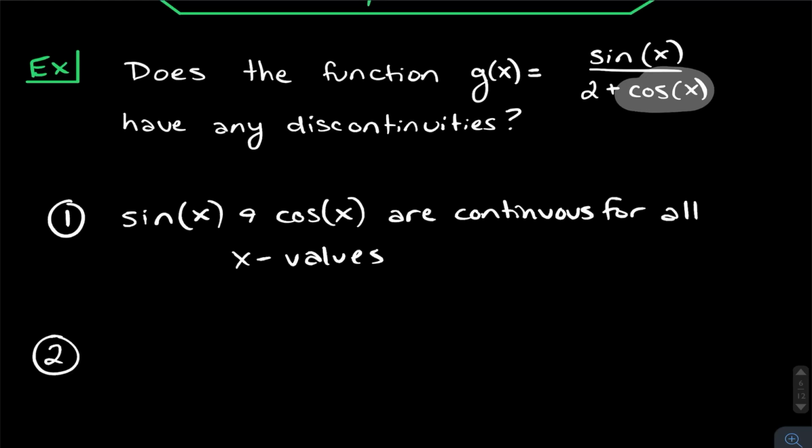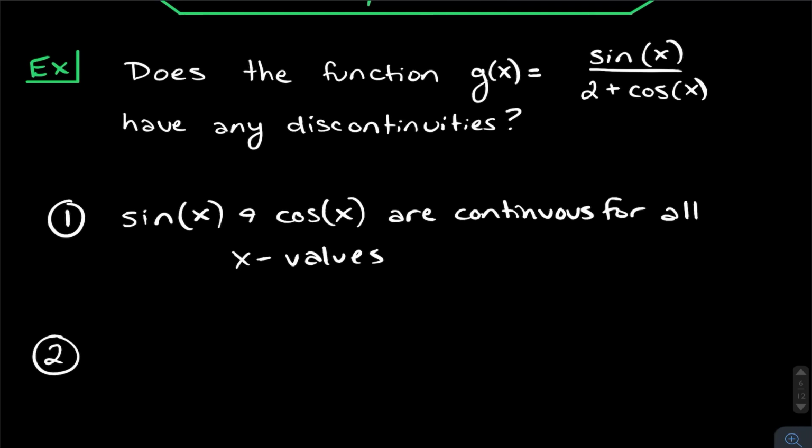But the thing is, cosine of x ranges from -1 to 1. Just think about the graph of cosine x. It just oscillates back and forth between 1 and -1. It never goes to -2. And so the denominator is never going to be 0, because cosine of x can never be -2. And so that means that we're continuous everywhere.